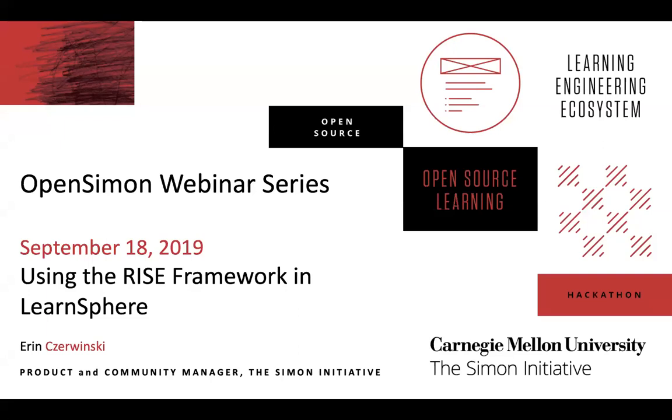We have a ready-made automated component in our Tigris application within LearnSphere, and I'll get into more of this later, that helps you do this in an automated way and provides a really nice visualization.